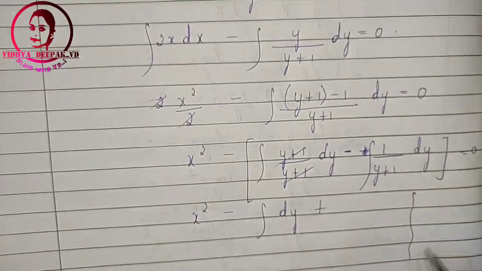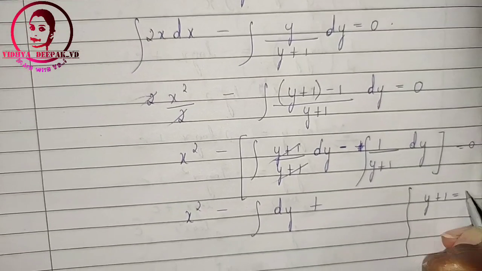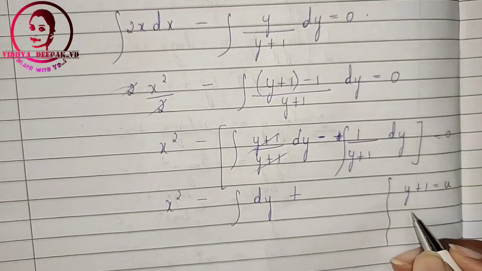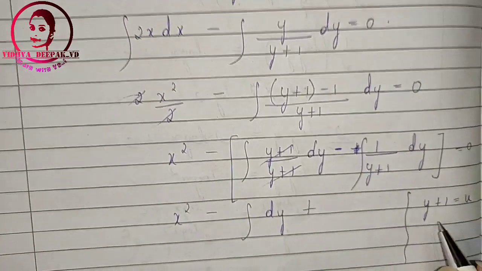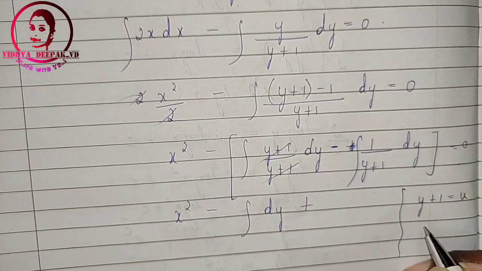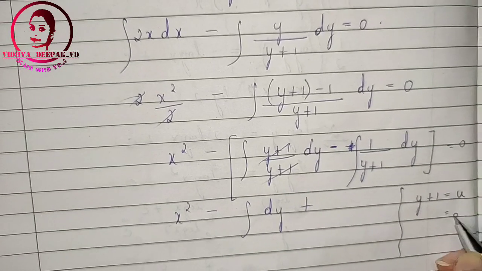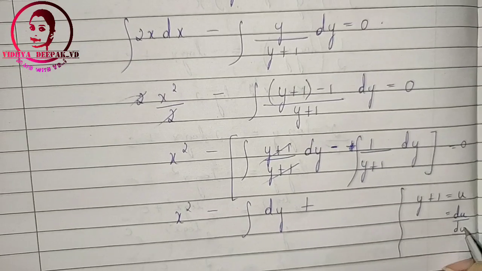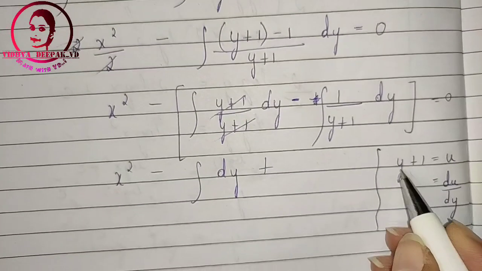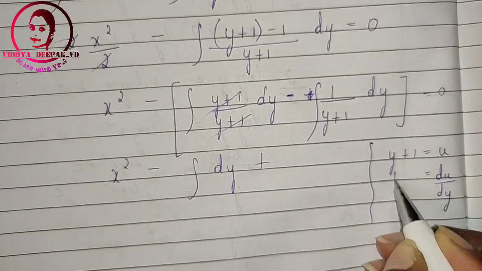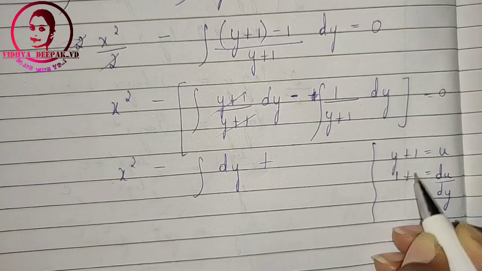If I take y+1 equal to u and differentiate this, with respect to y, the differentiation of y is 1 and the differentiation of 1 is 0.